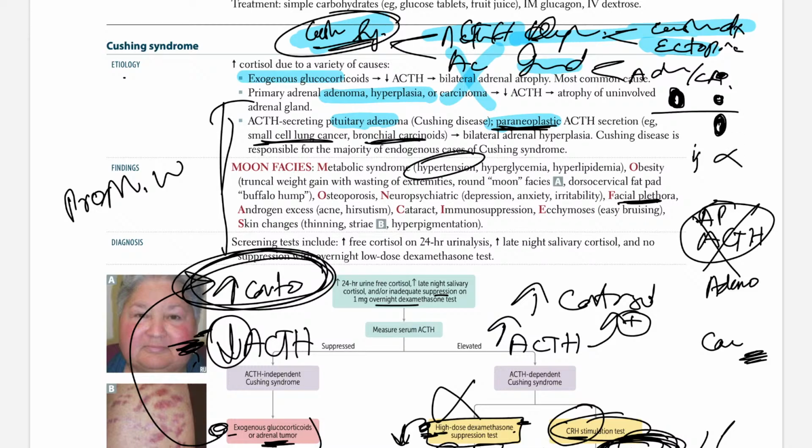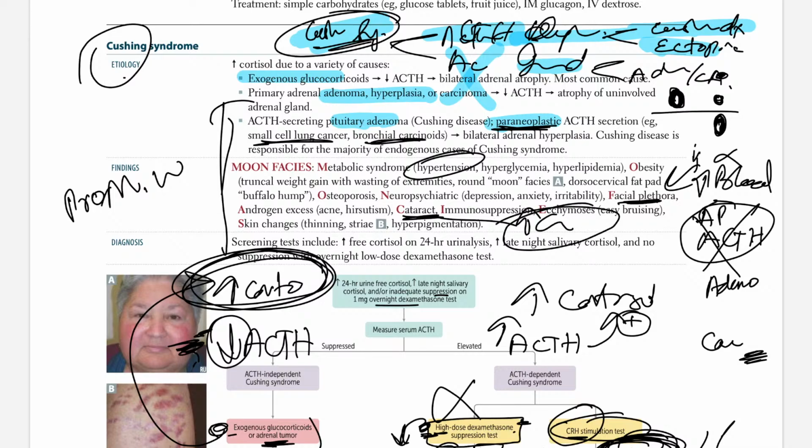When you have an increase in blood, that causes facial plethora, with the glucocorticoids being there. Cortisol is a glucocorticoid, it increases glucose. When you increase glucose, that's going to cause cataract formation. Okay, so that's what we have.